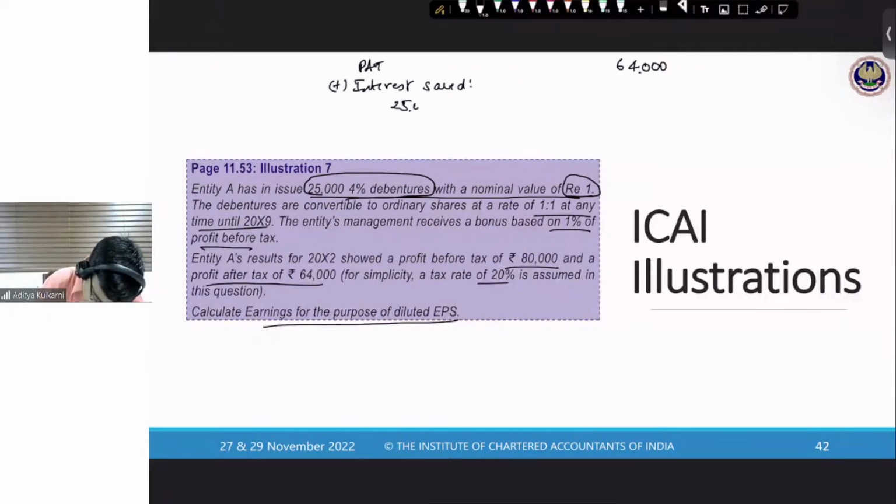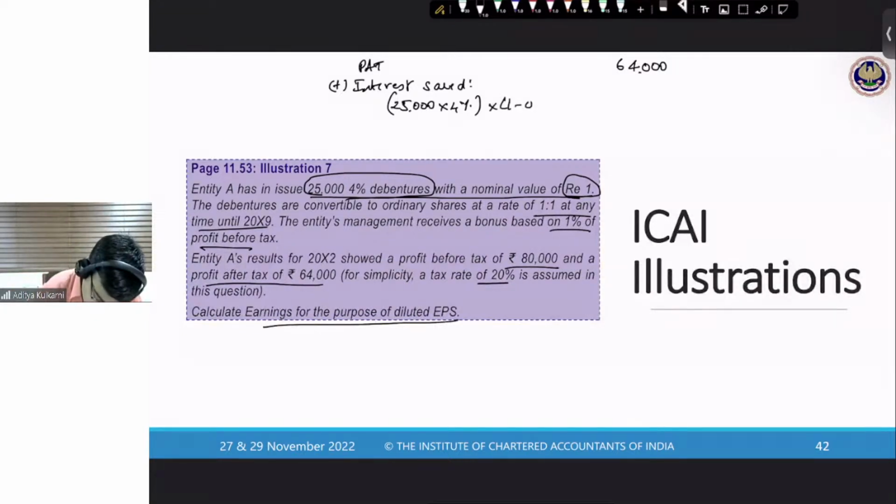Sir, 25,000 into 4%. Is this the only thing? No. The moment you save the interest, tax will come on that. What is the tax rate? 20%. So your net benefit is ultimately going to be 1 minus the tax rate, that is 1 minus 0.2, which is 80%.